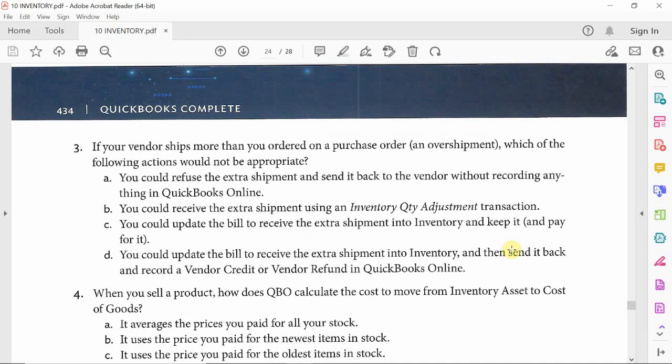Would you refuse the extra shipment and send it back? Or would you receive the extra items and do an inventory quantity adjustment?